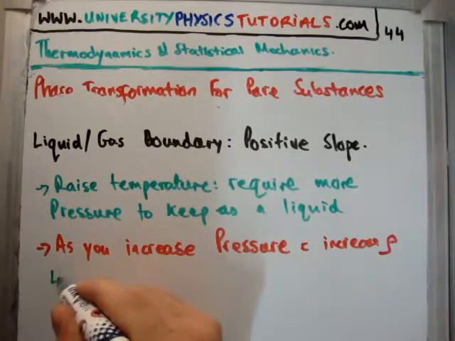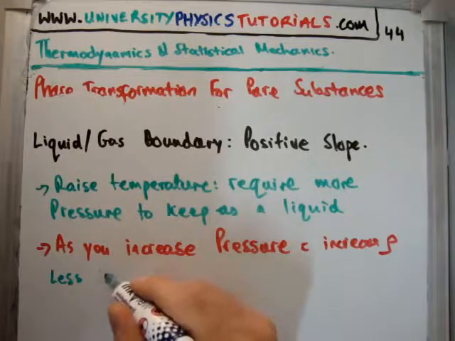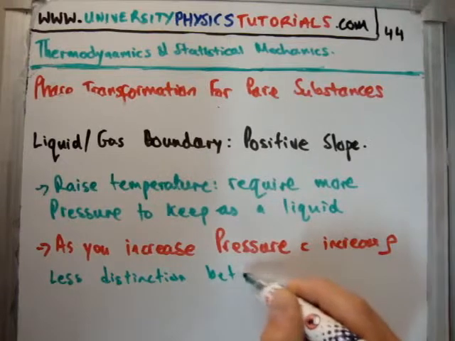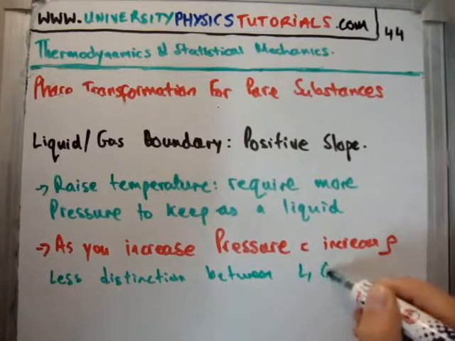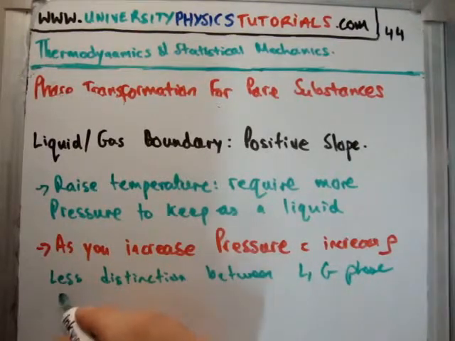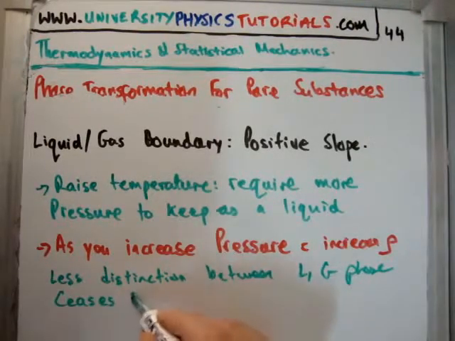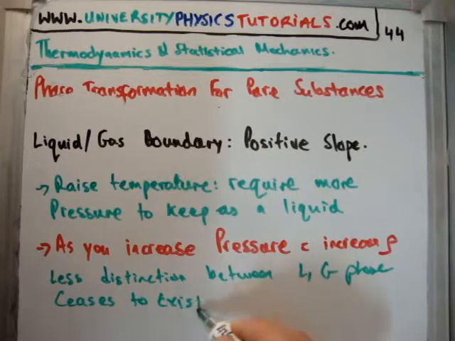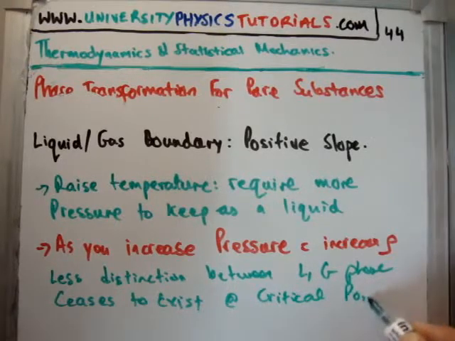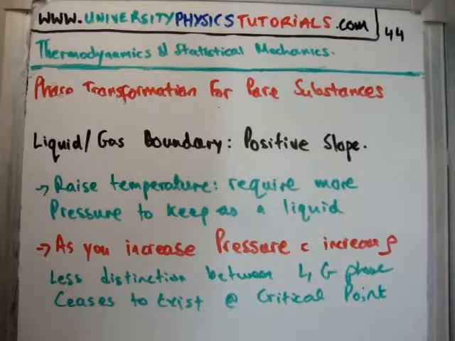So there's less distinction between your liquid and your gas phase, and it actually ceases to exist at the critical point. So the point here is that at the critical point, the pressure and therefore the density of your substance is so much that there is no distinction between its liquid and gas phase.